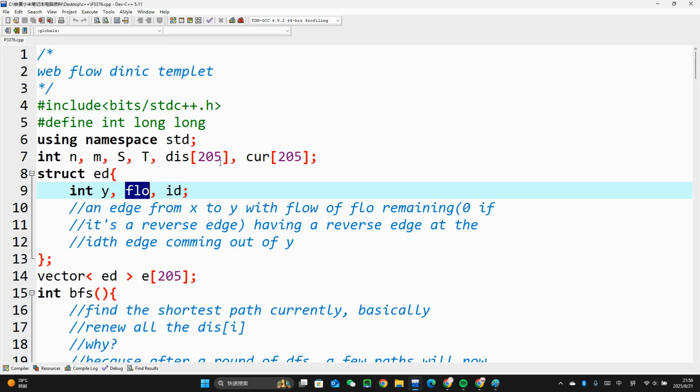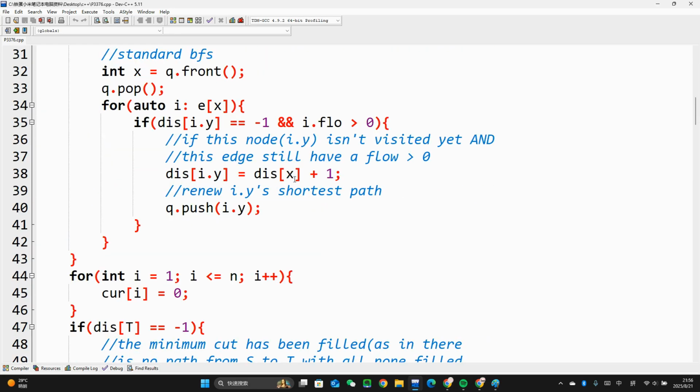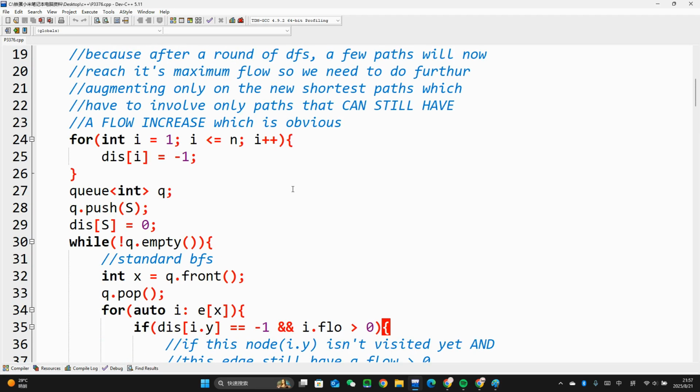Except this time the flow is a variable, and every time you increase the flow of this edge by 1, you decrease the variable by 1. So I.flow means how much flow is left in this edge. And if the flow is greater than 0, that means we can use this edge, otherwise we can't. And then everything else is just like BFS.